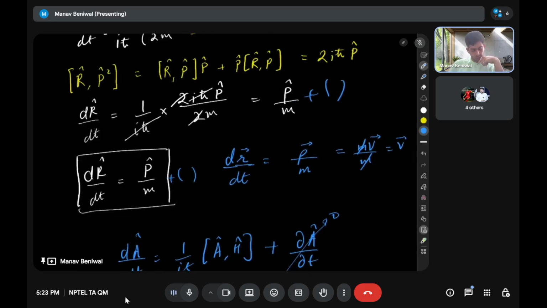So you can think of it this way: if R does not have any direct time dependence, then in that case your dr by dt is just your p by m. If there is some direct time dependence given to you of R, then this relation will not hold true.